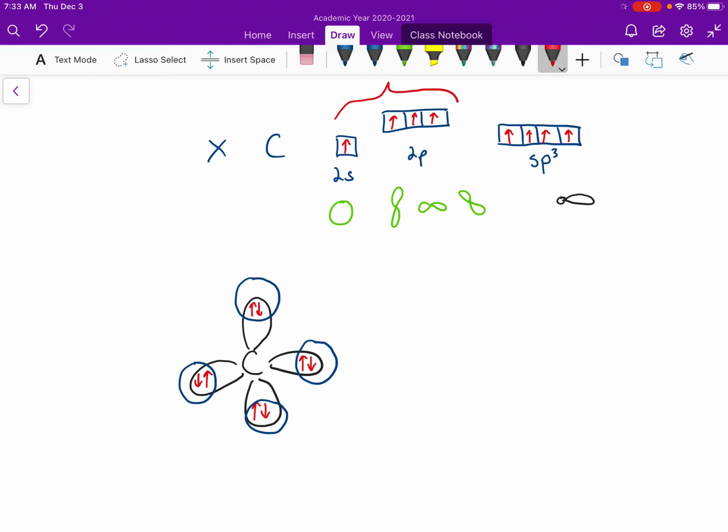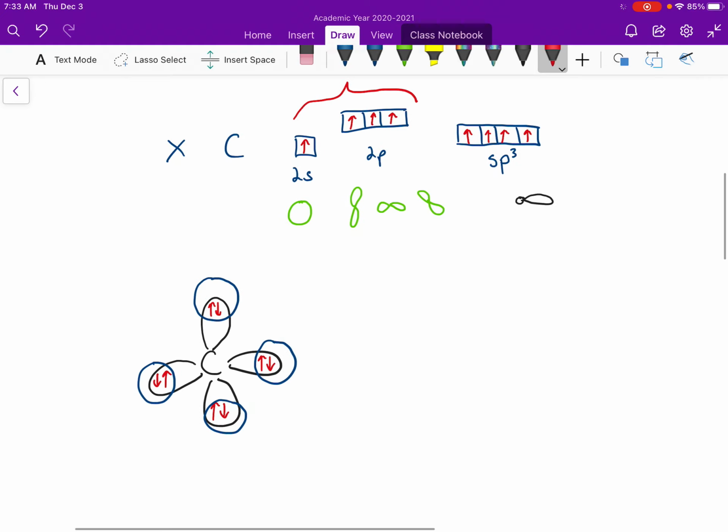Okay? This doesn't just happen with bonding, meaning this would happen if we had non-bonding as well. An example of that would be NH3. So NH3 looks like this.